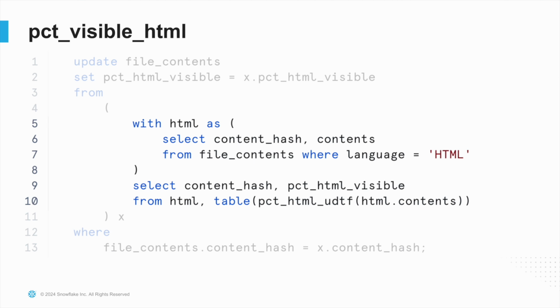Zooming in on the innermost query, we first get a list of all of the HTML files on which we want to apply our function. So that's the innermost filter. By keeping the percentage instead of the label here, we make it easier to do downstream experiments later. So rather than hard coding 20% now, we can see how 30 or 10 affects our actual LLM.